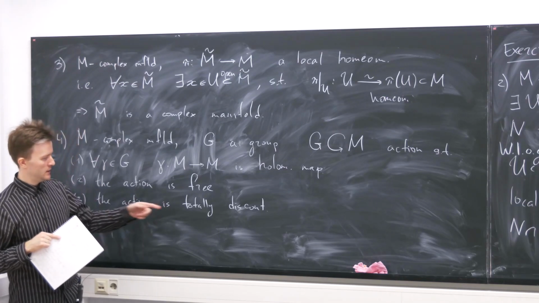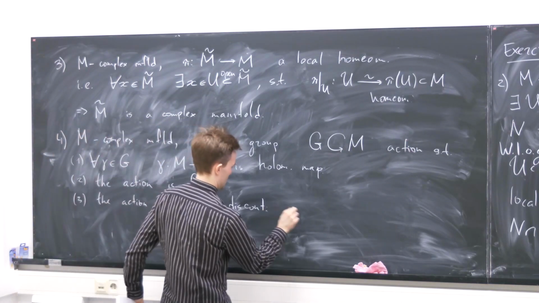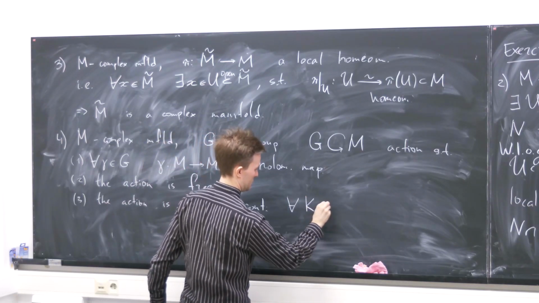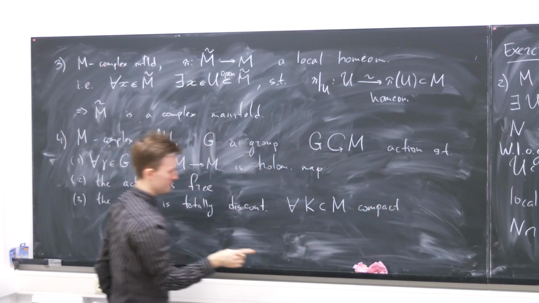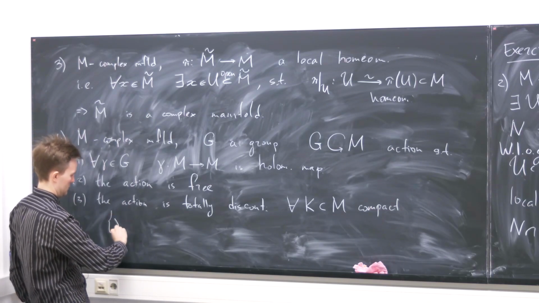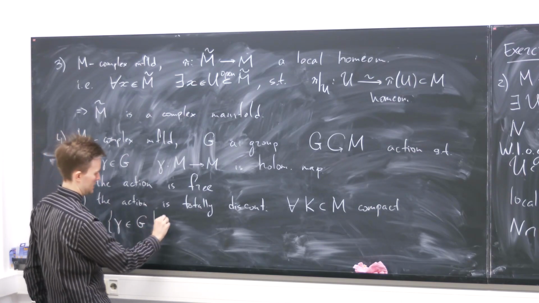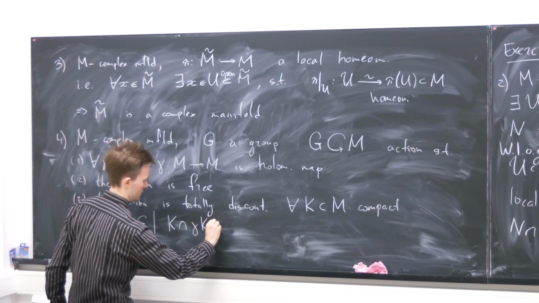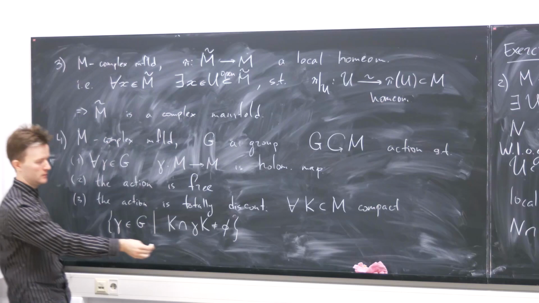What I would mean here is that for any compact set K in M, the set of elements gamma of this group G such that K intersects its image under gamma is finite.